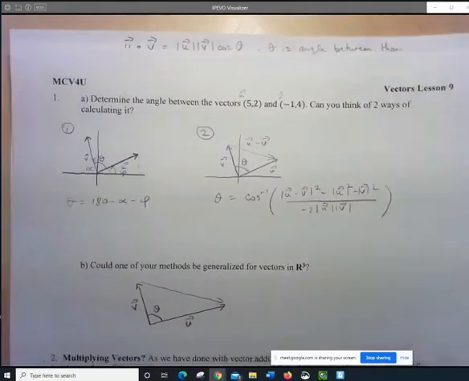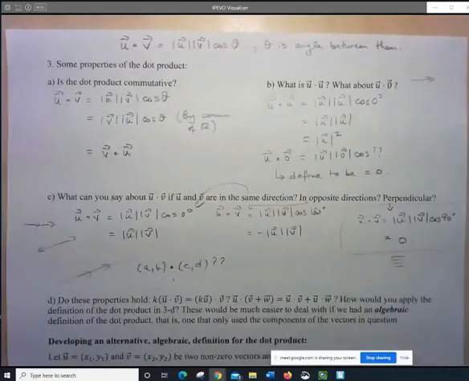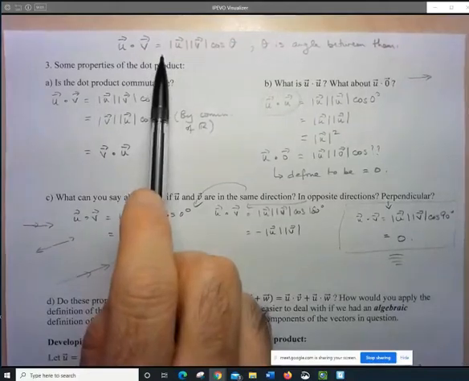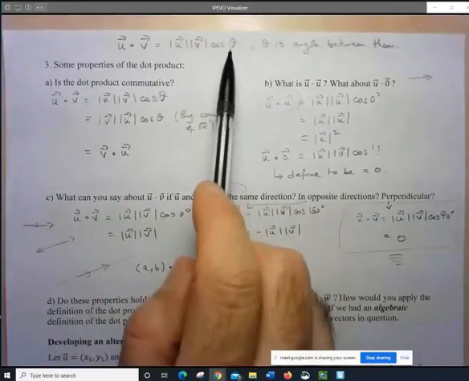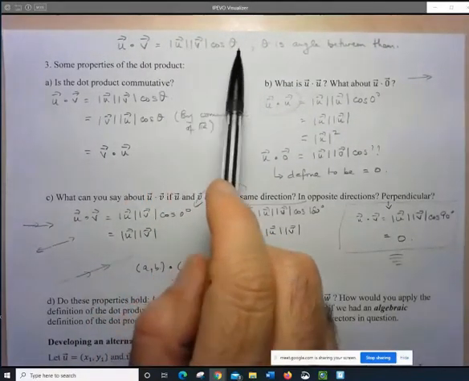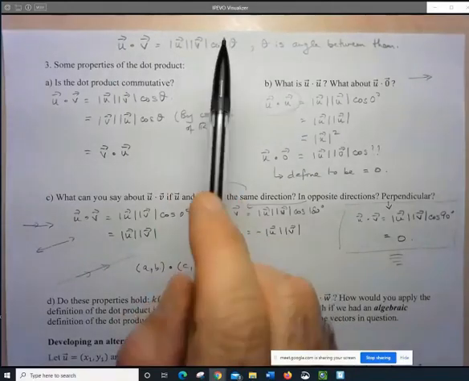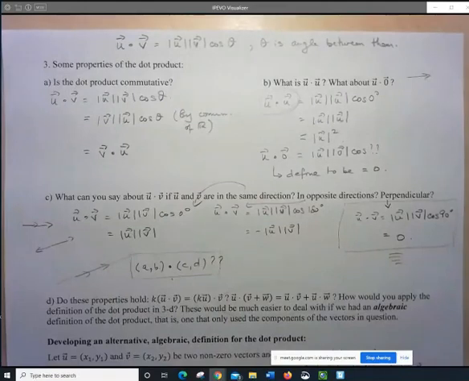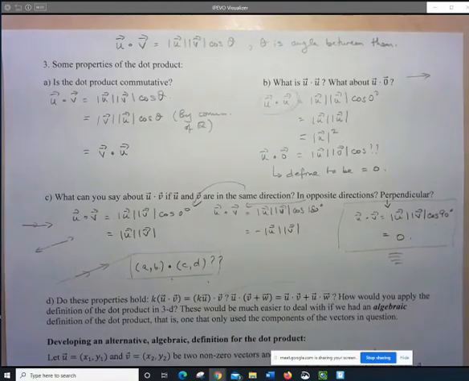So if I'm stuck having to use this definition of the dot product, first I have to find the angle between them. Finding the magnitudes is not that big a deal, but the angle between them is a long process. That's a lot of work to do one particular operation.